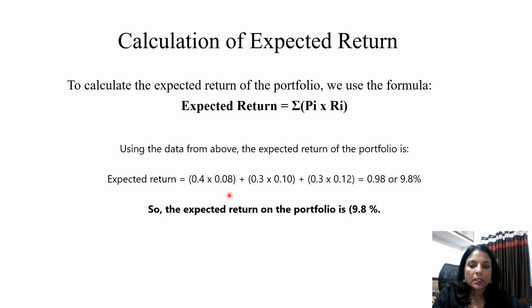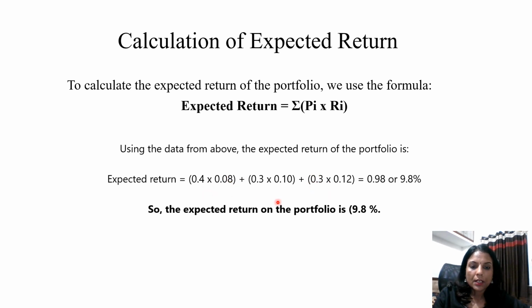Here I have converted 8% to 0.08, that is 8% divided by 100, or you can directly multiply 0.4 by 8, the result will be the same. Plus 0.3 multiplied by 0.1, that is the 10% return, plus the last security Z, which was 0.12, a 12% return, with a probability of 0.3.